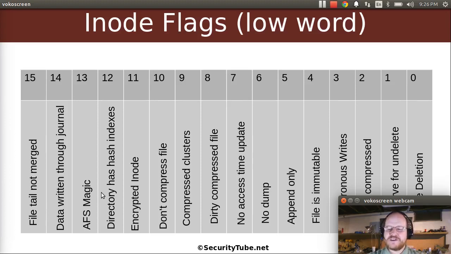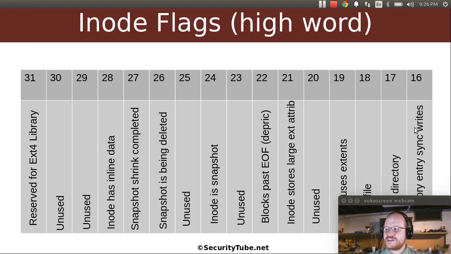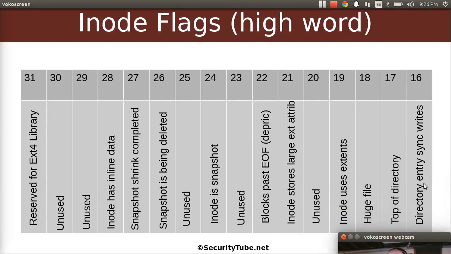So what's in the other half? The other half contains things like this. The directory entry requires synchronous writes, so you can't cache the directory entry updates. This is the top of a directory structure. This is a huge file. This inode uses extents. We'll talk more about that in another video. It's fairly common. This inode stores large extended attributes. Typically, those extended attributes are ACLs, access control lists, but they can be other things as well.